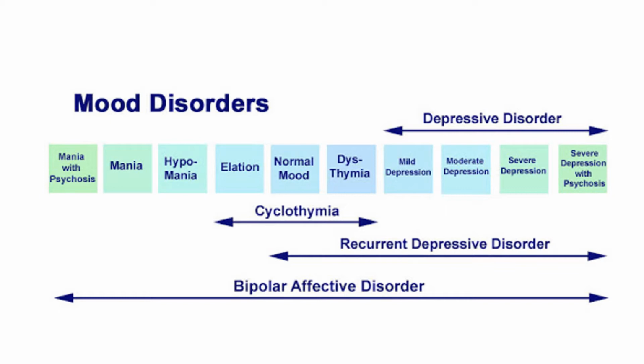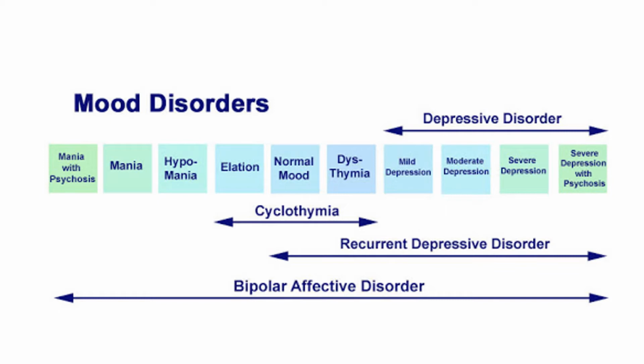I think I mentioned in one of the classes that it reminds me of Eeyore in Winnie the Pooh, just a bit of a low mood all the time, versus elation. I'm sure you've met someone who's elated. Their mood is a bit beyond a normal mood. And that's cyclothymia, when you cycle between the two.